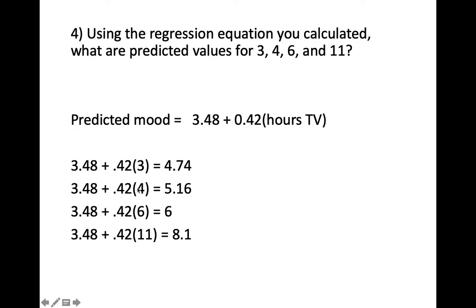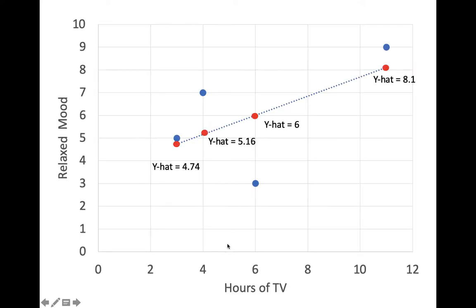So notice that we do see some differences, right? So, let me get to that. Sorry, next graphic. So what we have is that for 3 hours of TV, we had the actual person in our study, and so the actual person in our study reported a relaxed mood of 5.